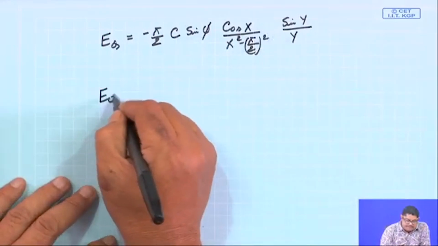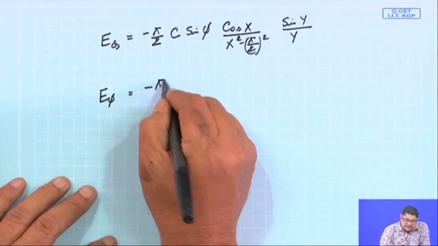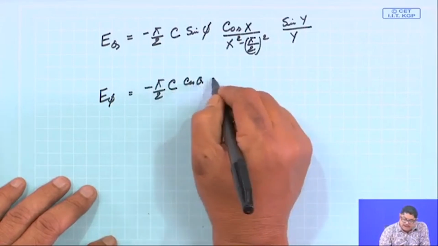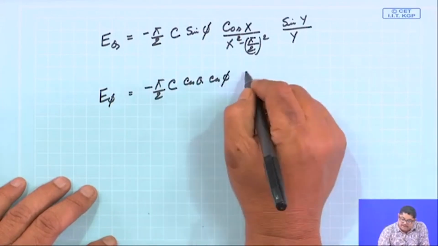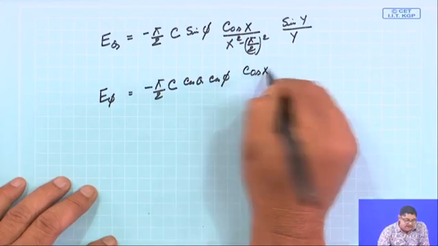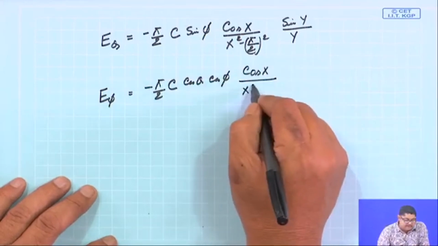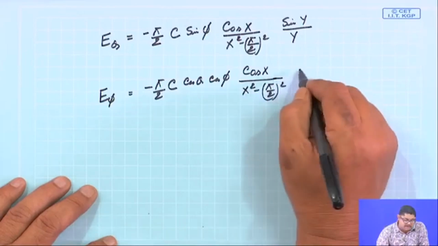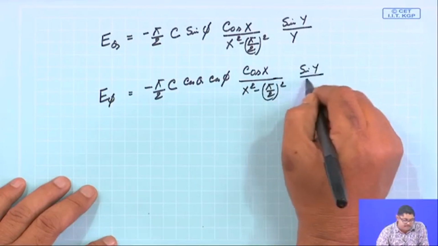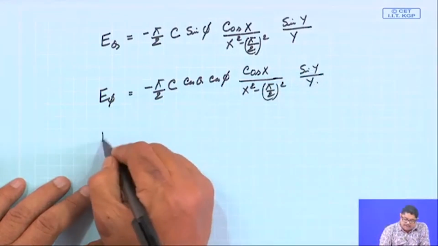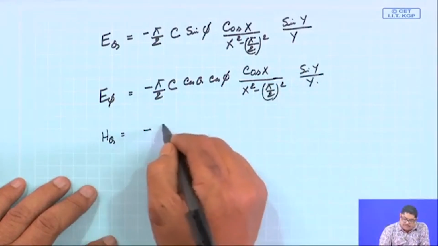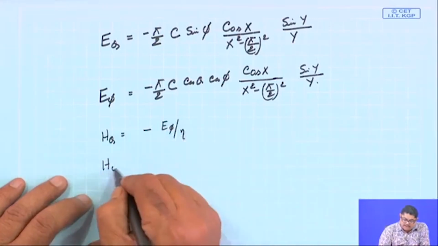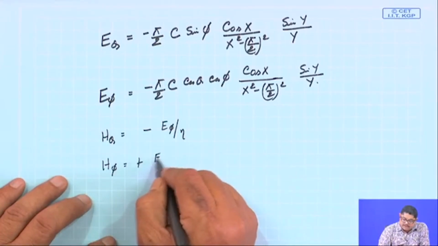Also, E phi will be minus pi by 2 C cos theta cos phi cos x by x square minus pi by 2 whole square sin y by y, and H theta will be as before minus E phi by eta and H phi is plus E theta by eta.